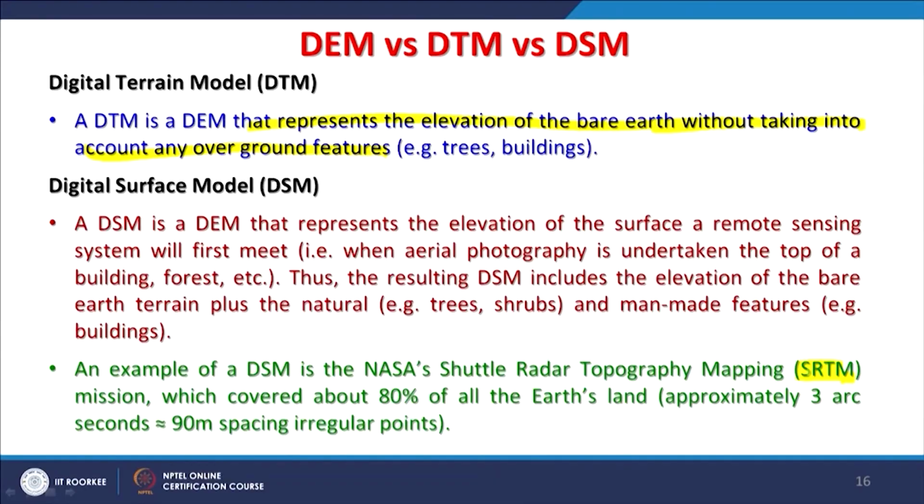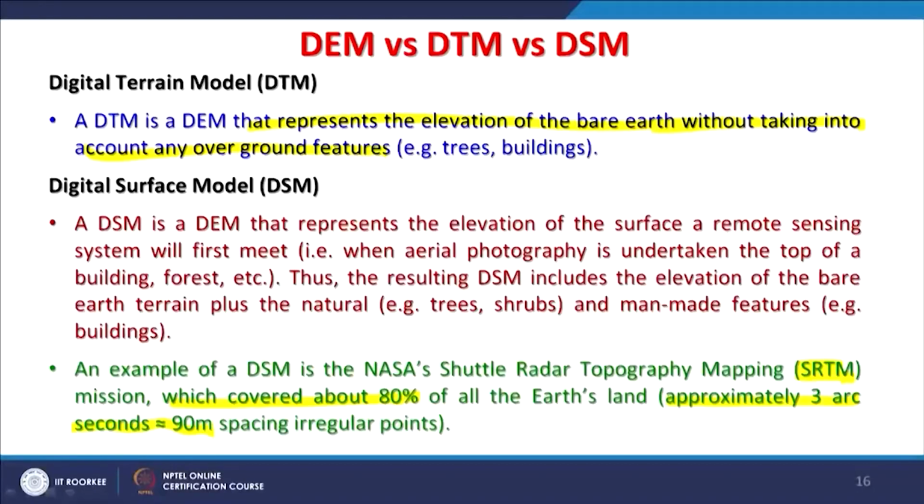Now, when we talk about SRTM, which has covered about 80% of the globe, a digital elevation model of about 90 meter or 3 arc seconds has been generated. 3 arc seconds is roughly equal to 90 meter, and 1 arc second is roughly 30 meter.